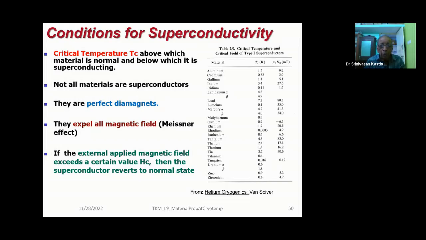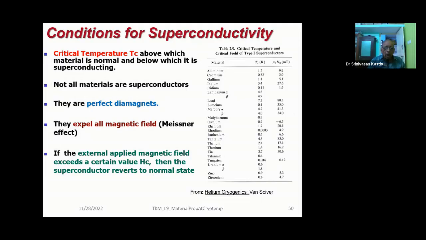So no voltage drop will happen across the material. So in other words, there cannot be any dissipation of electrical energy, or in other words, the current will not diminish with time because the resistance is zero.